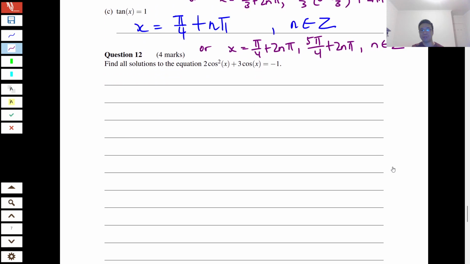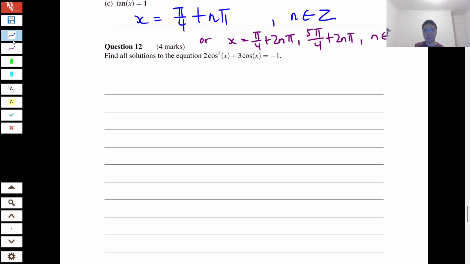Okay, question 12. What we want to do here is perform a quadratic substitution with cosine of x. So what we have is 2u squared plus 3u plus 1 equals 0, where u equals cosine of x.